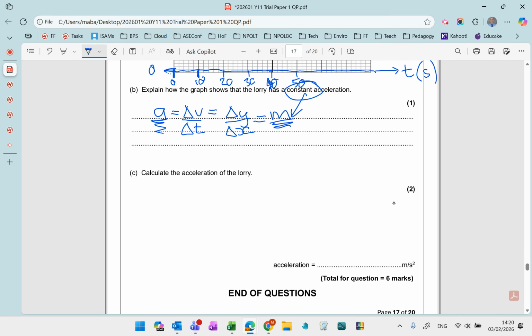So you can do gradient is rise over run, which is 13 divided by 40, which gets you 0.325.